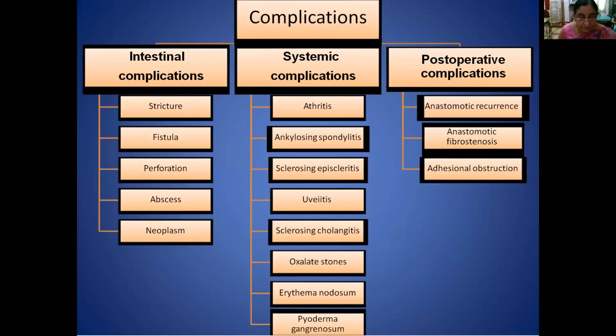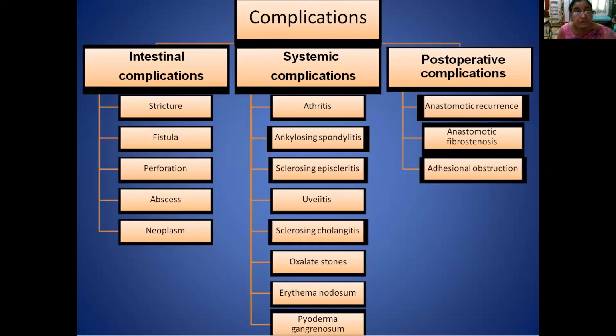Okay, we'll go ahead with Crohn's disease. Last class we discussed the etiological features, pathogenesis, and the clinical features. Now I'll go on to the complications. I enumerated the complications last class. They can be divided broadly into three categories: intestinal complications, systemic complications, and post-operative complications.